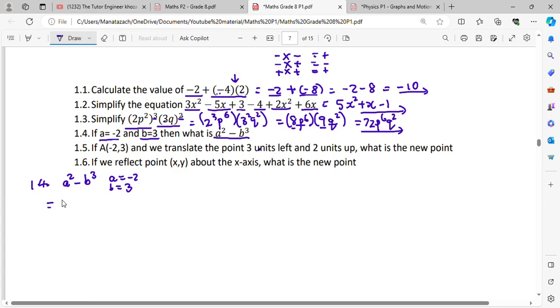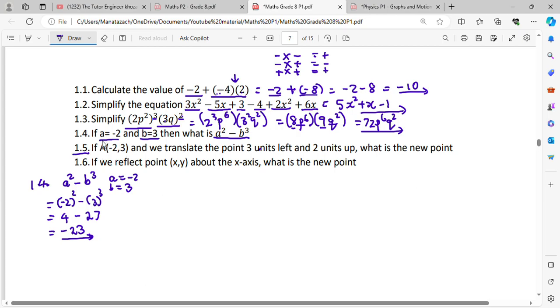So to evaluate this, where there is a, you're going to replace it by -2, and where there is b, you're going to replace it by 3. Then you simplify. This is 4, and 3 cubed is 27. 4 minus 27 is going to be -23. So that is the answer to 1.4.